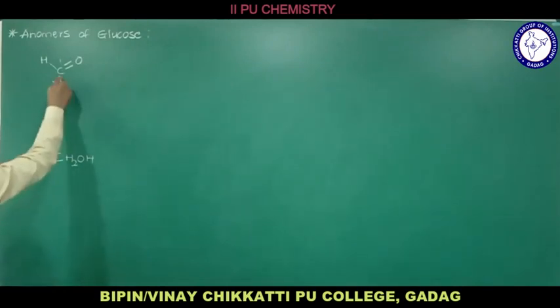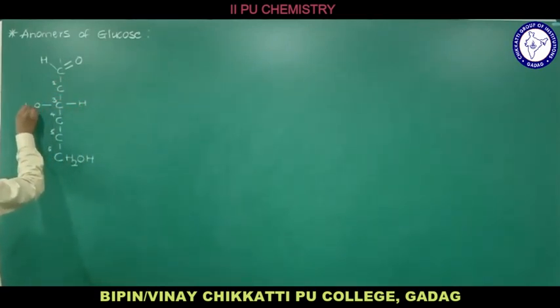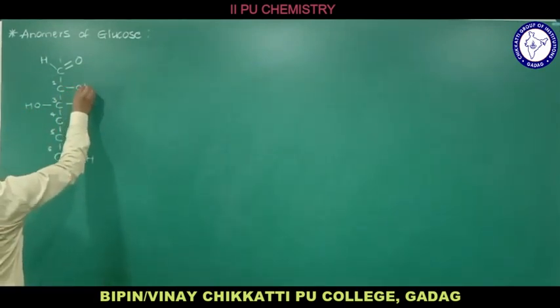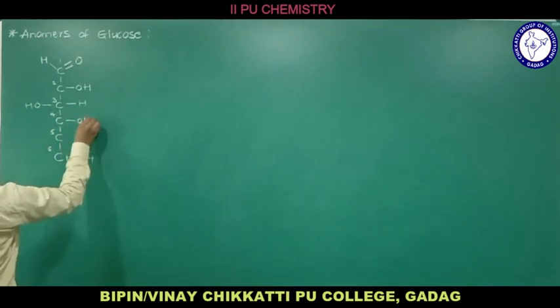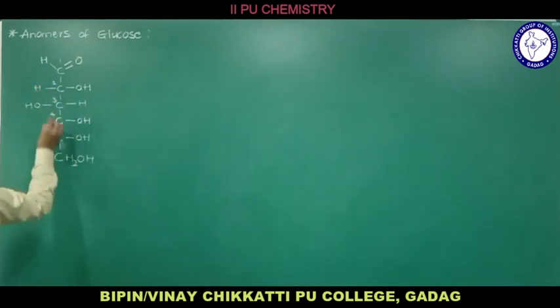On carbon number 3, H is on the right side and OH is on the left side, we know, and the remaining configurations are exactly opposite. This is the simple method I can explain to remember the structure of glucose.